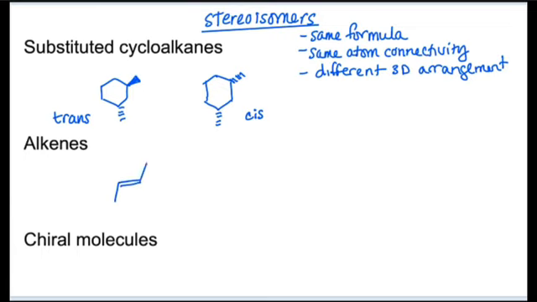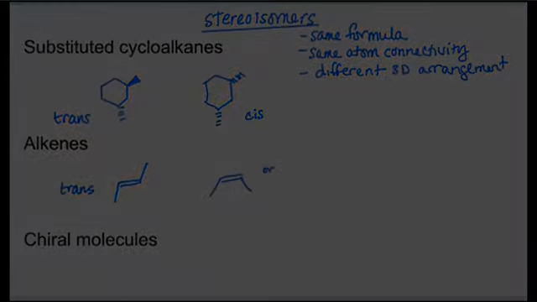Another thing you might be aware of is that if you have a double bond, we can also have a trans relationship of groups on that double bond. If one group is on the opposite side of the double bond from the other group, this is called trans. If they're both on the same side, it's called cis.